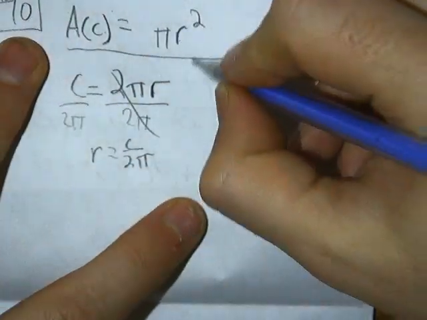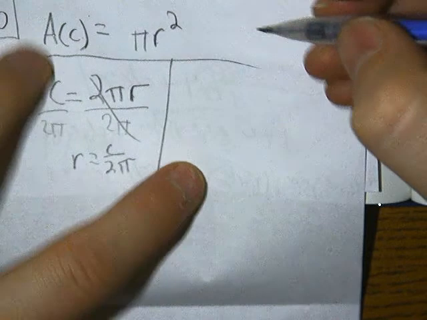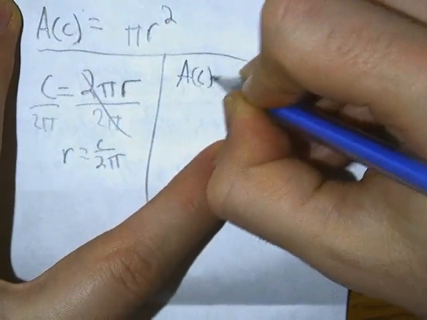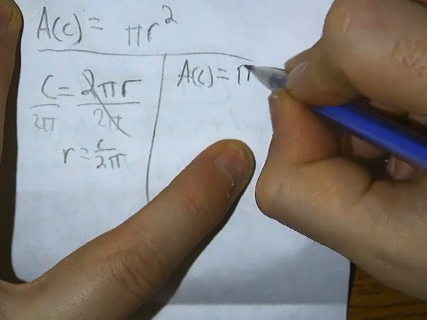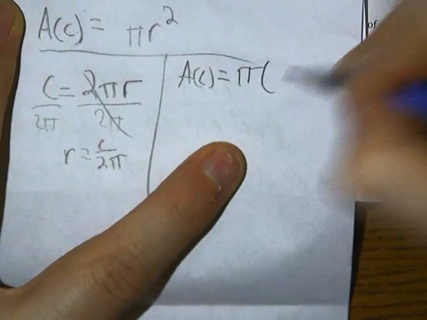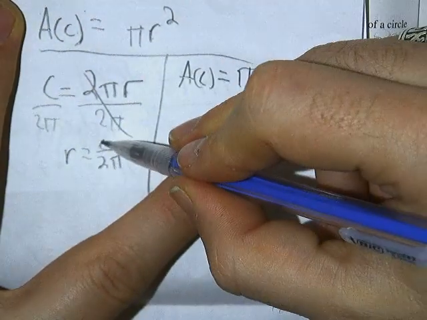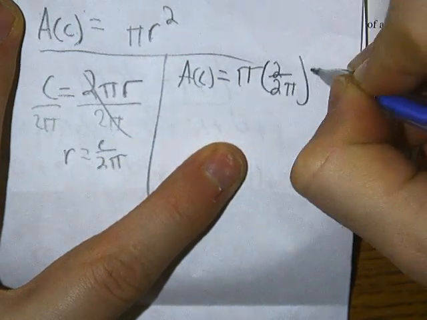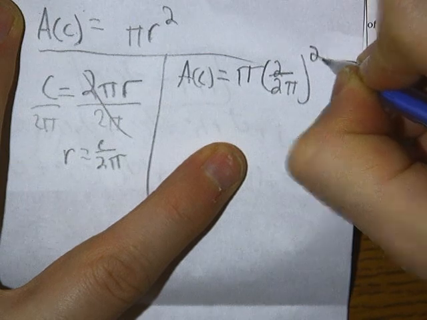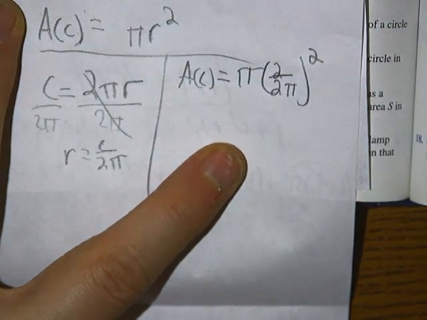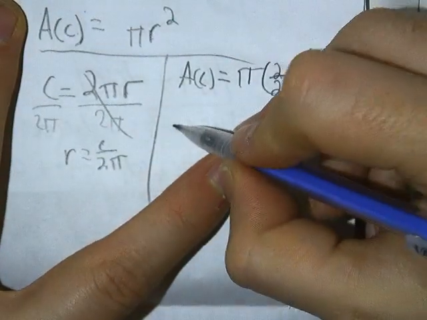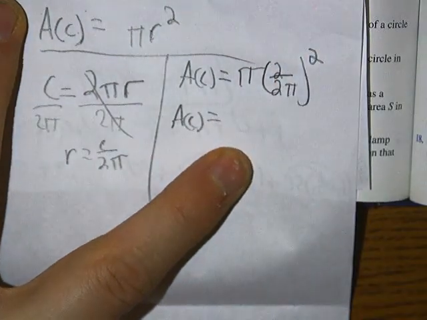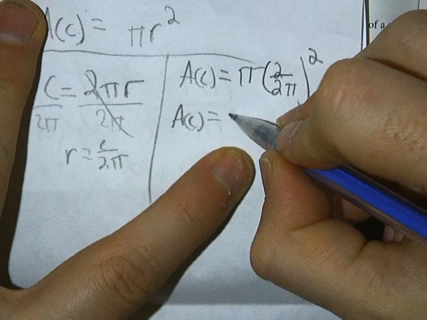Let's go ahead and plug that in up there. We've got area in terms of circumference is equal to pi times r, which is c over 2 pi, squared. So A of C is, let's simplify this.